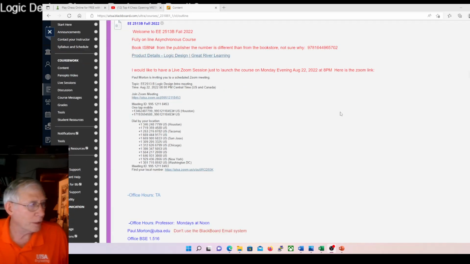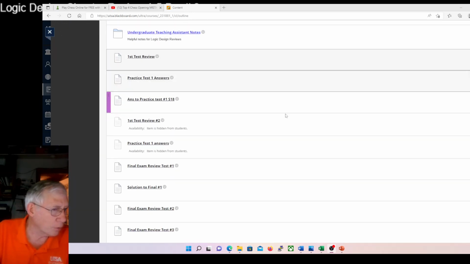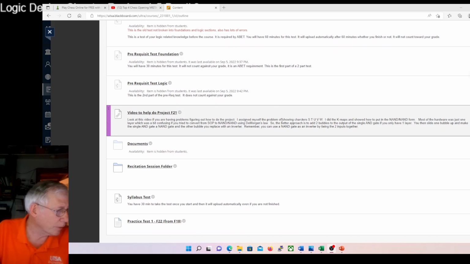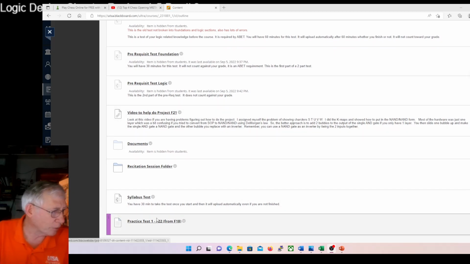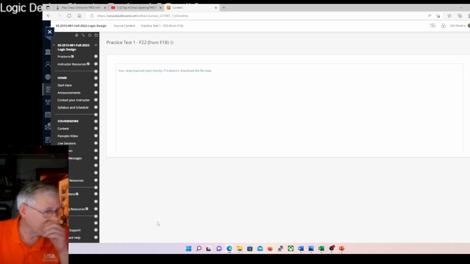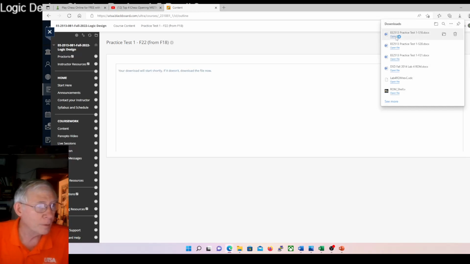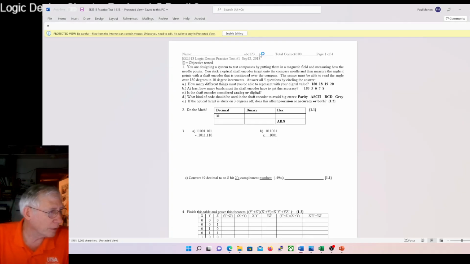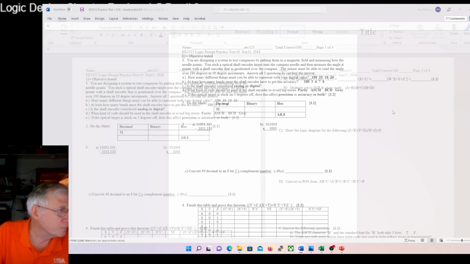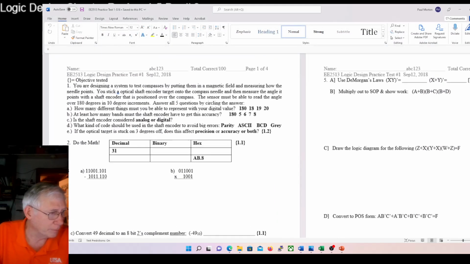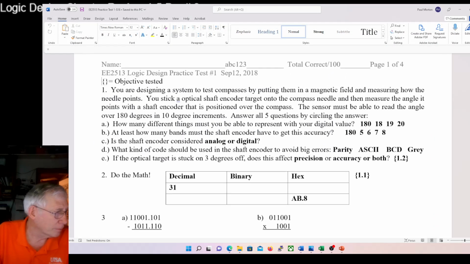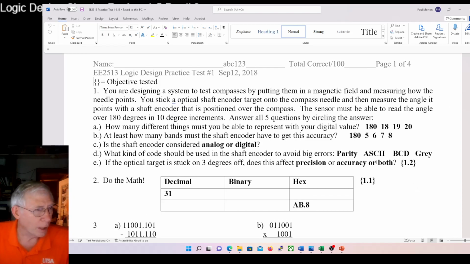Here's Blackboard, and if we scroll down all the way to the bottom, there it is. Practice test 1, F22 from F18. And if we open it up, here's what it looks like, and we'll just go ahead and expand it. Okay, so I'm going to work through it, and hopefully you'll be happy with that.